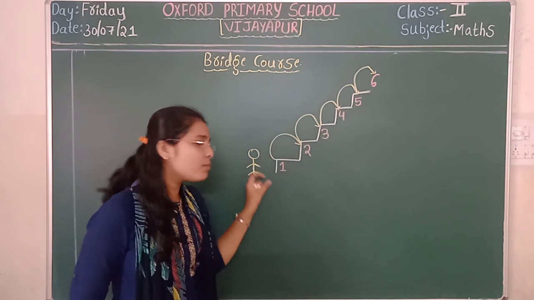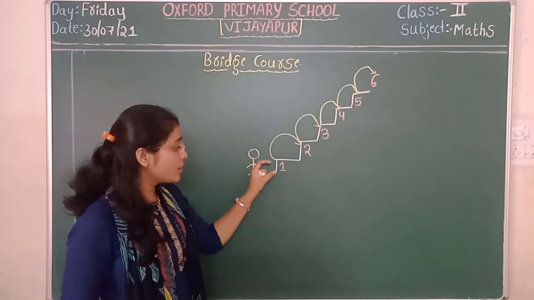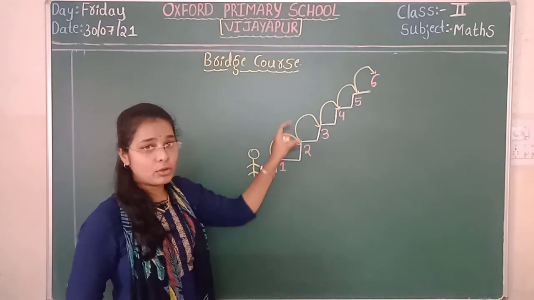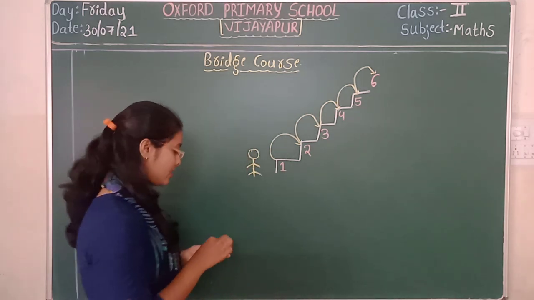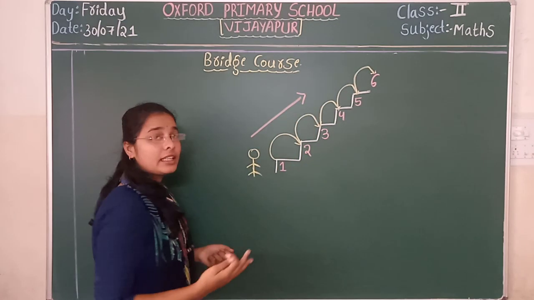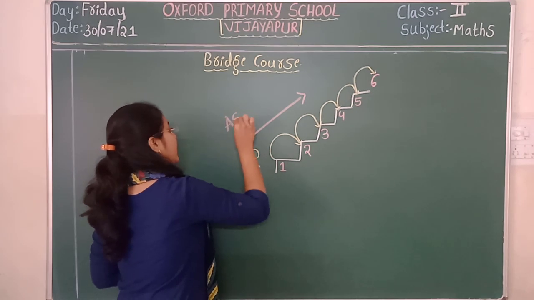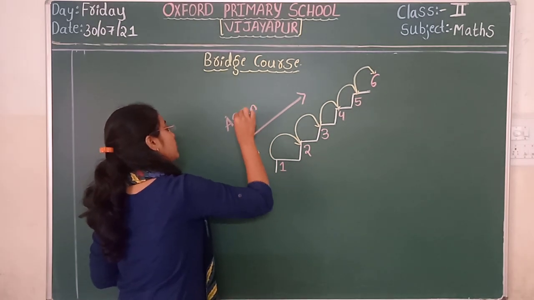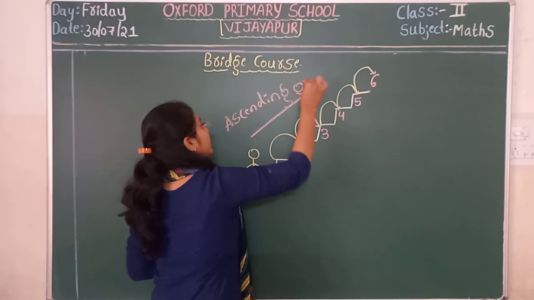This is the smallest number. We are arranging the numbers from smaller to bigger, still more bigger. This type of arrangement we call ascending. Climbing the steps is nothing but ascending order. The spelling of ascending, A-S-C-E-N-D-I-N-G. Ascending order.